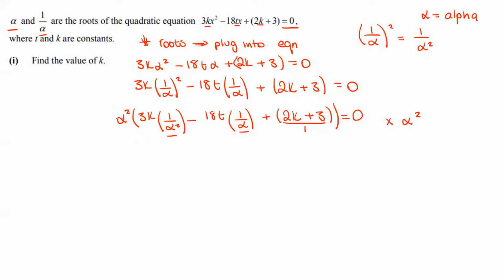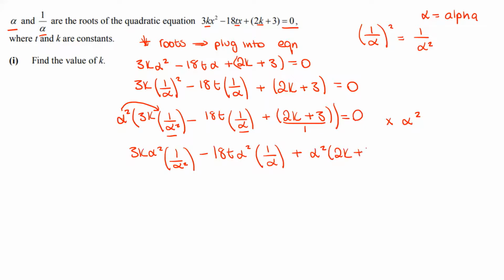what we're going to get is 3k alpha squared multiplied by 1 over alpha squared, minus 18t alpha squared 1 over alpha, and then plus alpha squared 2k plus 3, and all that is equal to 0 multiplied by alpha squared. And we remember, because we're multiplying both sides by alpha squared, the right hand side will also have to be multiplied by alpha squared.